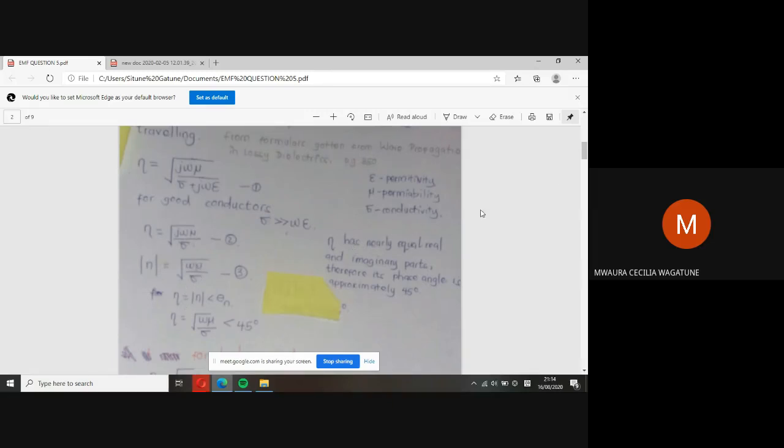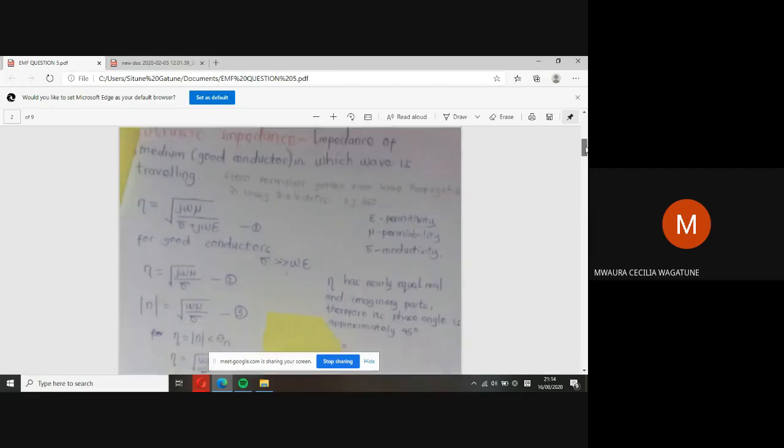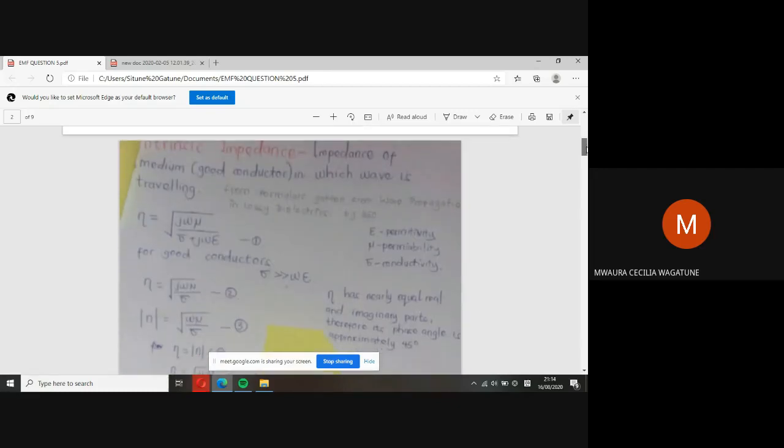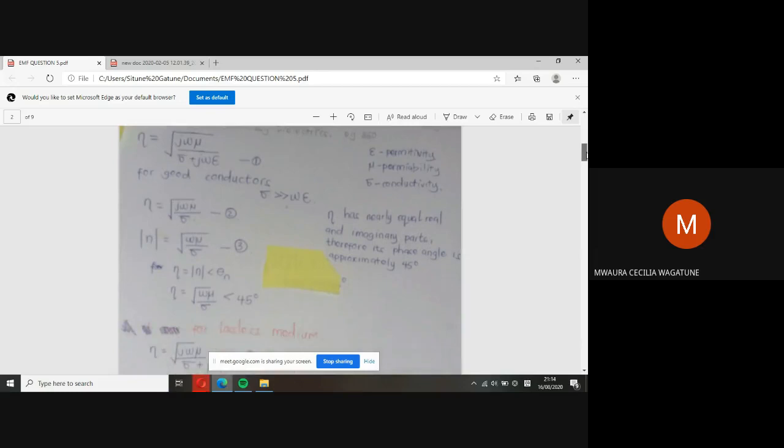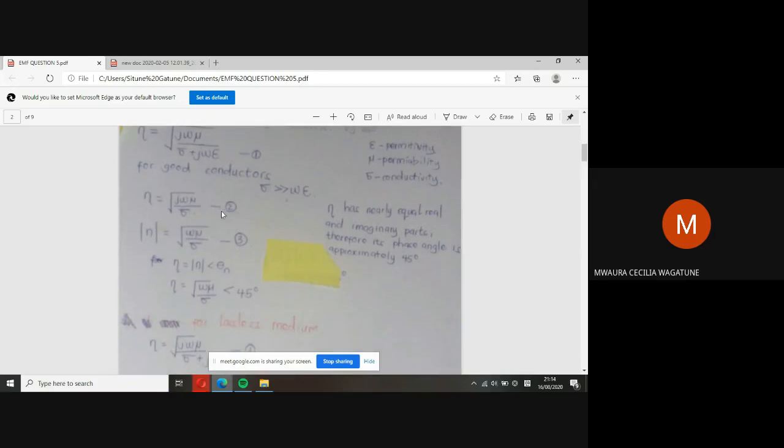Now, when you're talking about intrinsic impedance for good conductors, we can either represent it as in equation 2, or we can put in this type of equation, in that intrinsic impedance is equals to the absolute intrinsic and its phase angle.